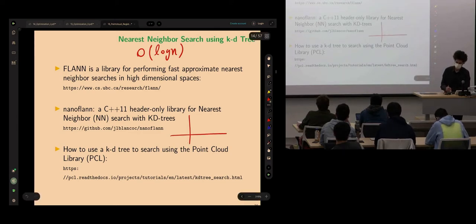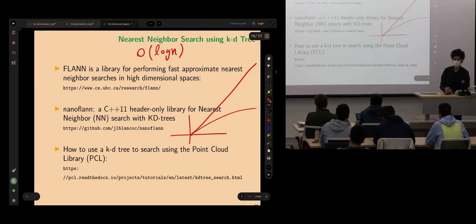And linear is going up like this, right? The log is so much better. As the number of data points grows, you will see the advantage of this log n.